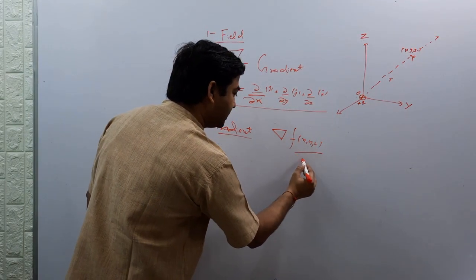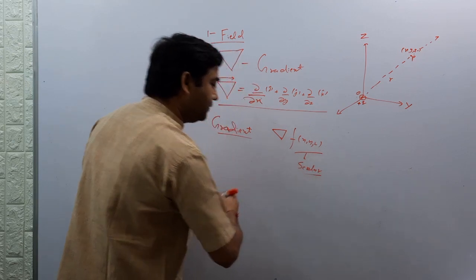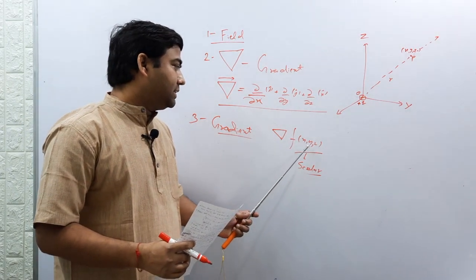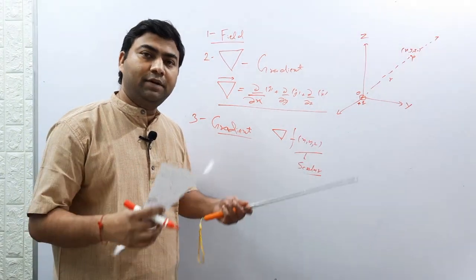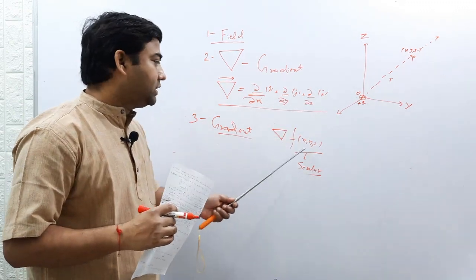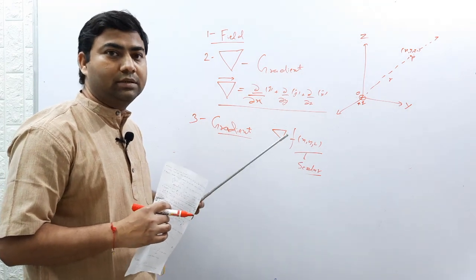This is a scalar function, just remember, a scalar function. We have discussed, it will be a simple function in three-dimensional space for a general point, like density, temperature, speed, etc.